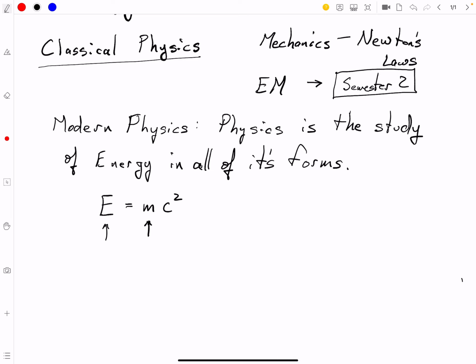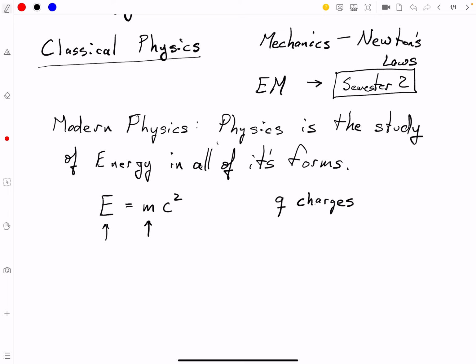Well, the same thing goes for charges, Q, and any other things you might want to think of.